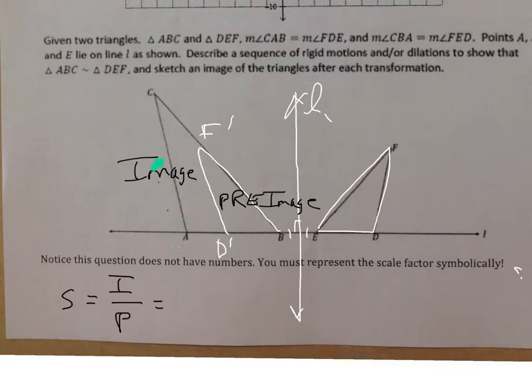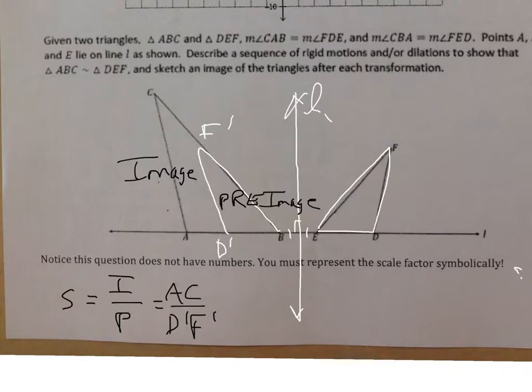Why not take AC? So I'll write AC. And I need a matching side on the pre-image to go underneath in the formula. So AC matches up with D prime F prime.